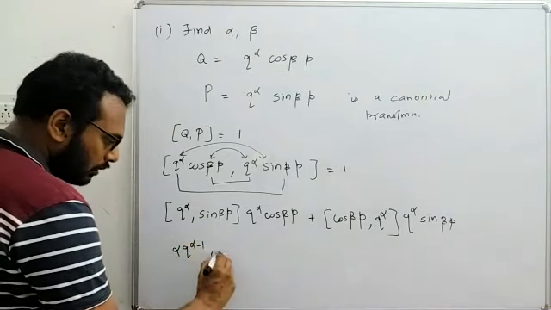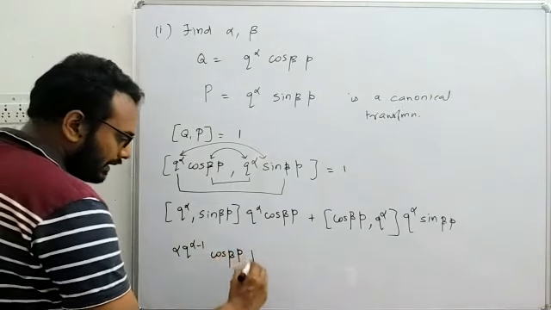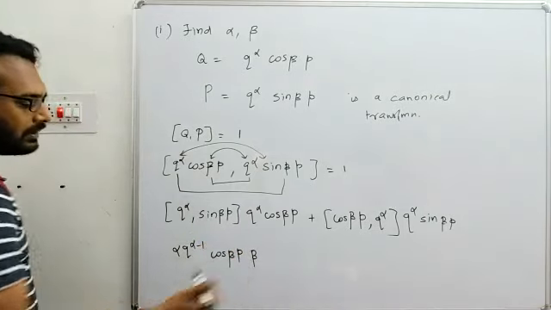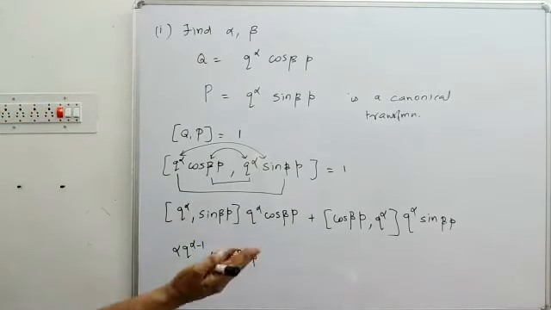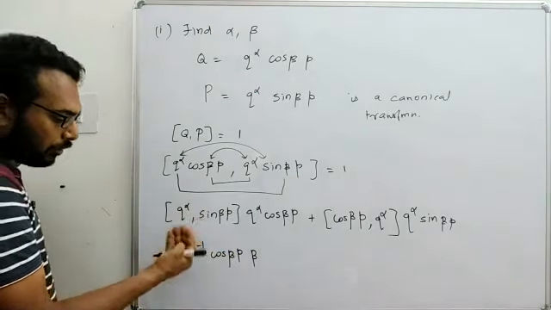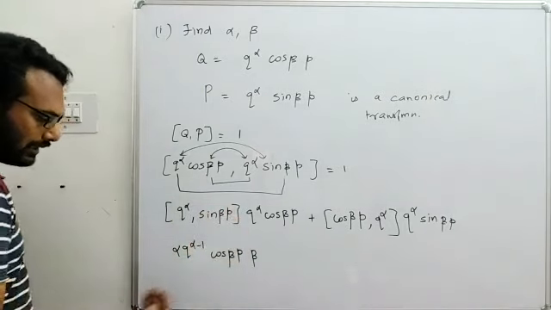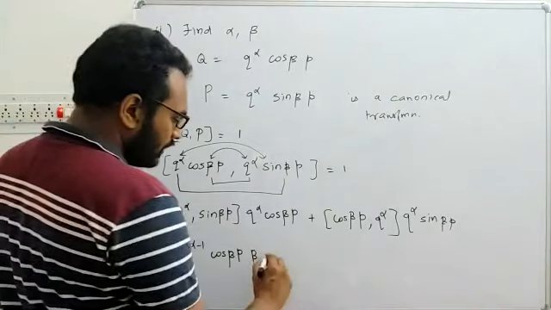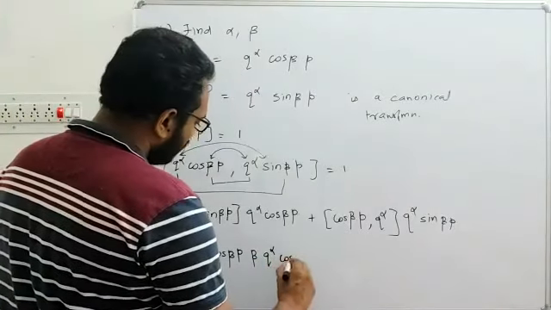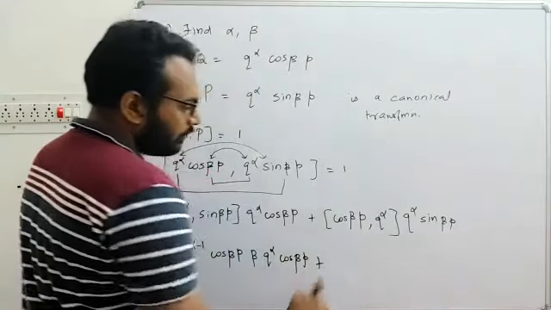That would be cos(beta p) multiplied by beta. The second term is 0, since it would include the derivative of q^alpha with respect to p and the derivative of sine(beta p) with respect to q. That's 0, so I'm not writing it down. And you have q^alpha cos(beta p) here, plus from here.